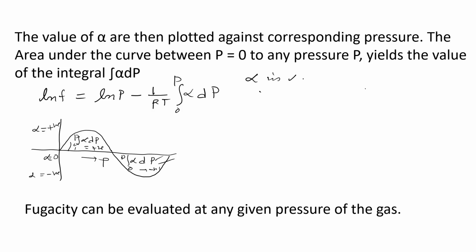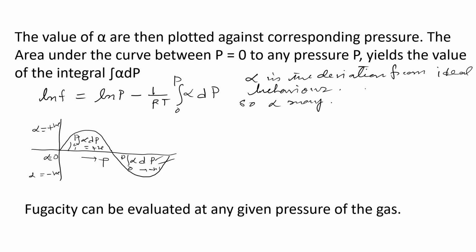This is the deviation from ideal behavior. So alpha may be positive or negative. From the graph, what do you observe? That alpha is positive at low pressure.